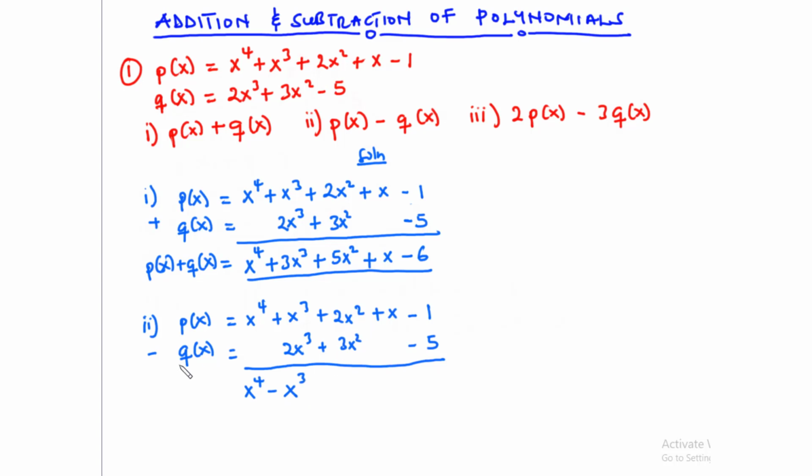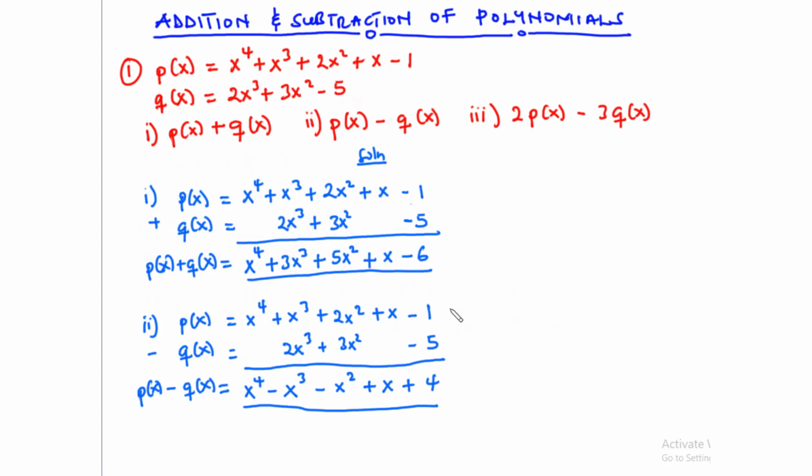Now 2x squared minus 3x squared is negative x squared. And then x minus 0 is still x. Now negative 1 minus negative 5 is the same as negative 1 plus 5, which is 4. So we have the polynomial p of x minus q of x to be equal to x exponent 4 minus x cubed minus x squared plus x plus 4.